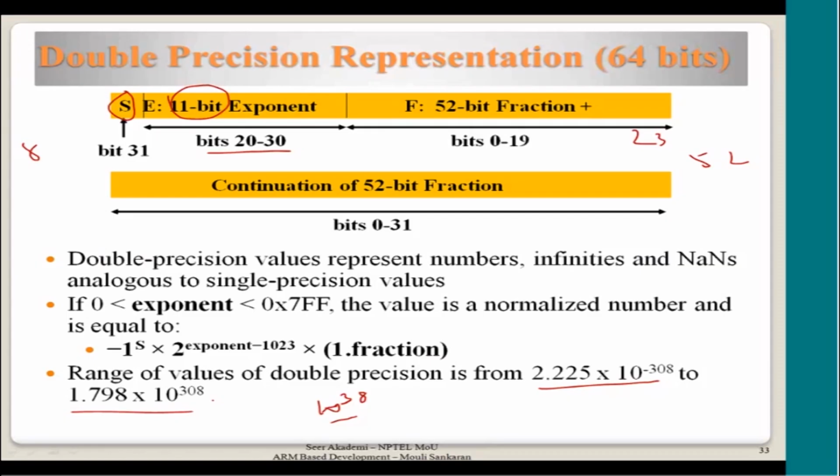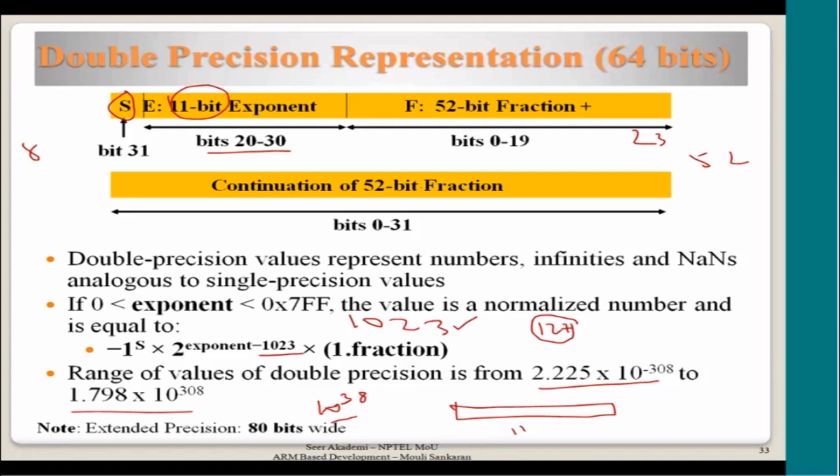It's a huge number, and the bias is now 1023, not 127 as was shown in single precision. It is 1023 because of the 11-bit exponent, which you should work out as an assignment for your understanding of double precision representation. And extended precision is called 80-bit.